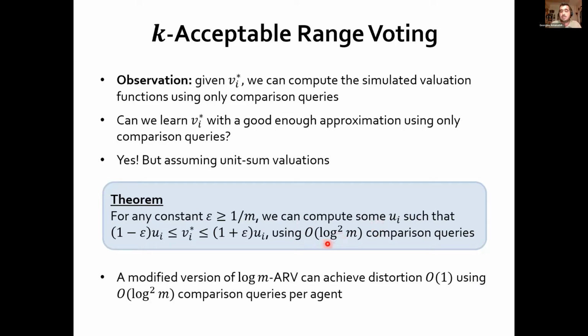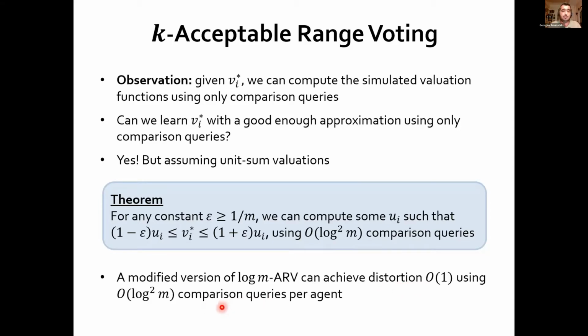Now, because we could achieve constant distortion with log squared value queries, and we don't spend more than this for estimating the VI star, this means that just using comparison queries and without spending more than log squared queries, we can still achieve constant distortion.